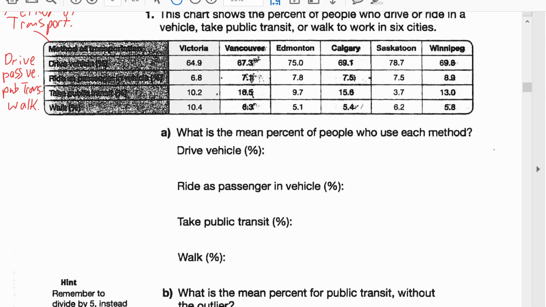What is the mean percent of people who use each method? So drive a vehicle is the top one right here. Let's add them all together and divide by how many there are.